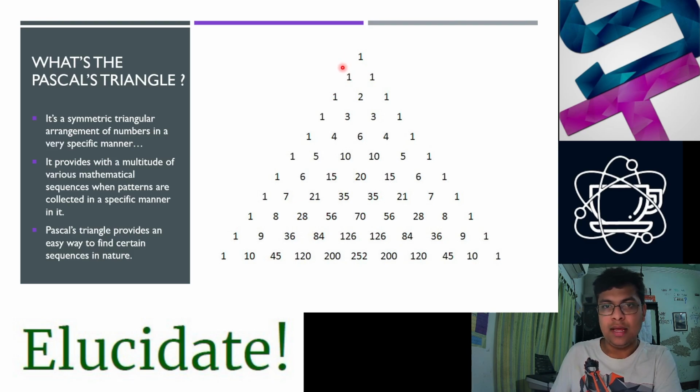For example, if we go to the second diagonal, we find the sequence of natural numbers: 1 2 3 4 5 6 7 8 9 10, and you can go in both ways, left or right. I will talk about these sequences later on, and these are specifically the secrets of this triangle.